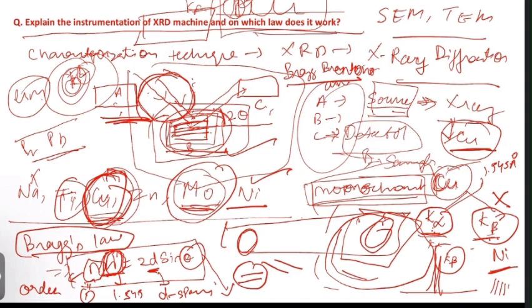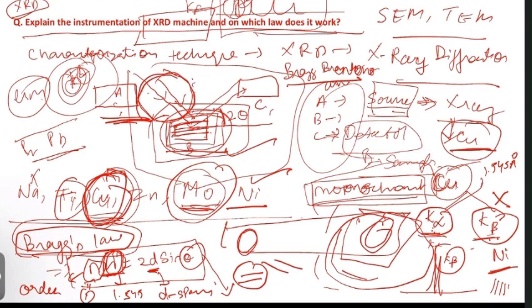Now you understood. If you have much more interest in XRD, then you should search on the internet who discovered XRD, and after which scientist Bragg's law is named, and you will find one interesting thing.